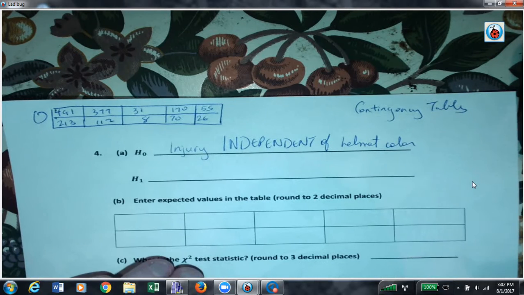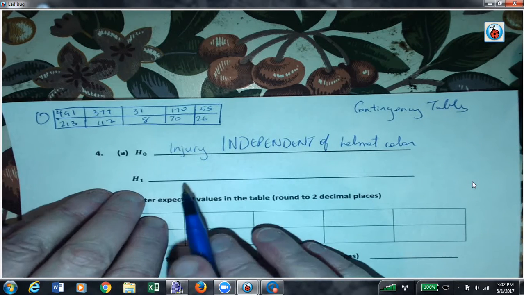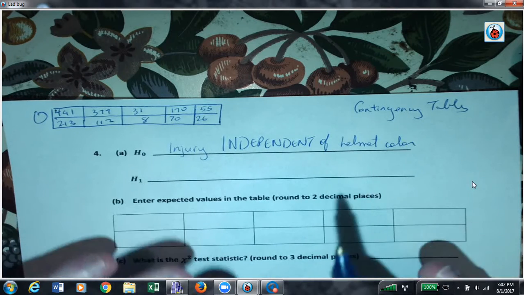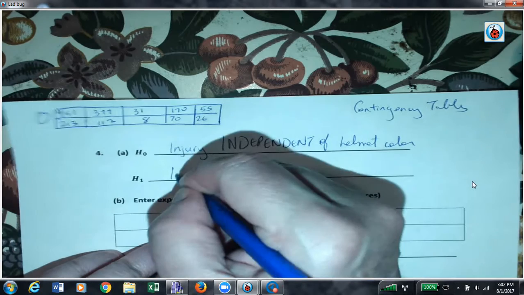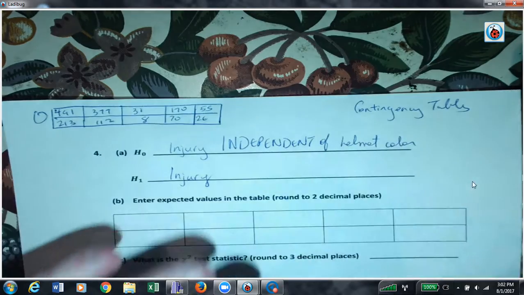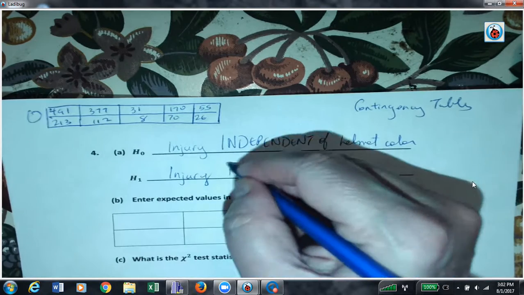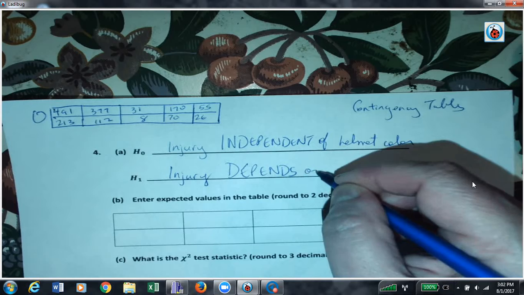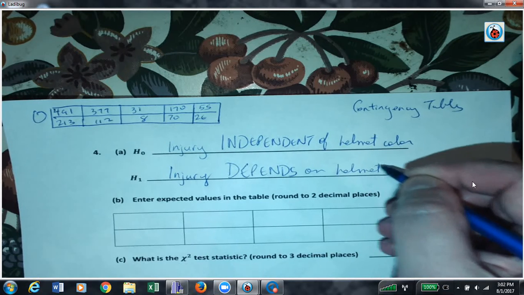Nothing fishy going on there. The alternative hypothesis is there is something fishy. There is a relationship. There is an influence. So whether or not you get injured, injury does depend on the helmet color. It does have an effect.